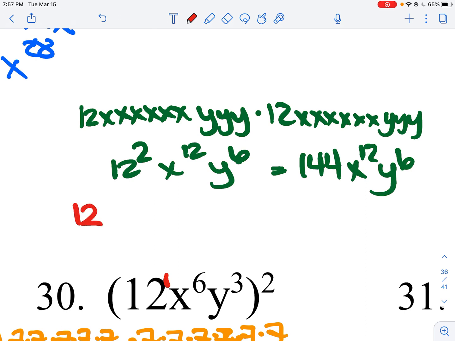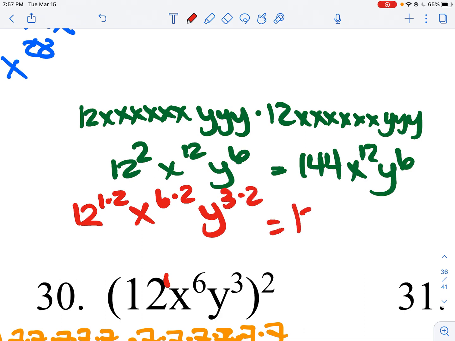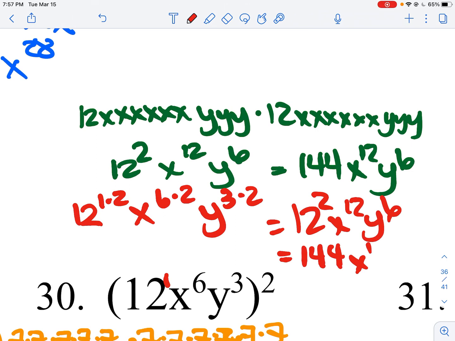There's an invisible exponent of 1, so 1 times 2, 6 times 2, Y to the 3 times 2, which will get 12 squared, X to the 12th, Y to the 6th, which is 144, X to the 12th, Y to the 6th.